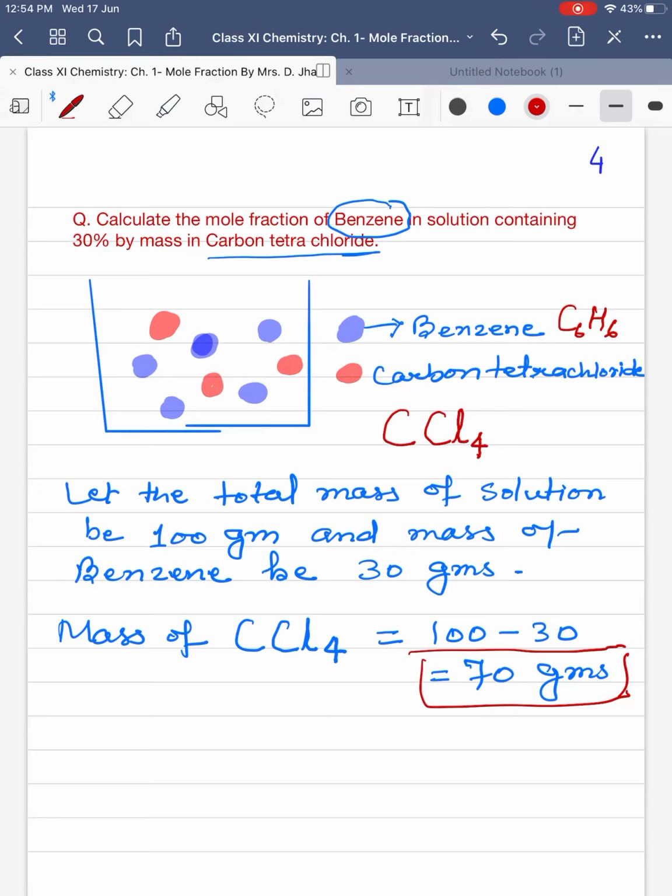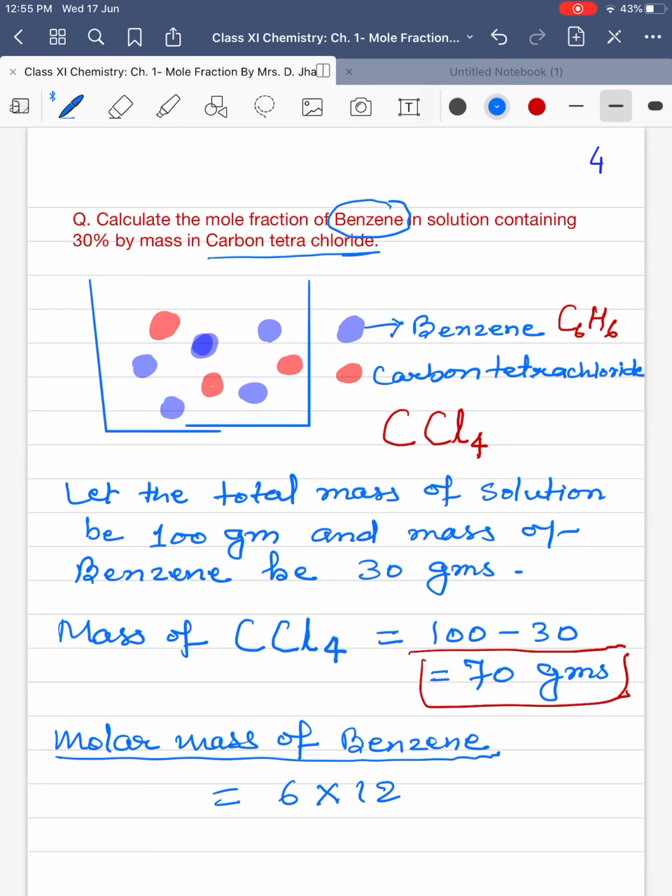Now the molar mass of benzene is equal to 6 into 12 plus 6 into 1, because the formula of benzene is C6H6, and it is 78 grams per mole.